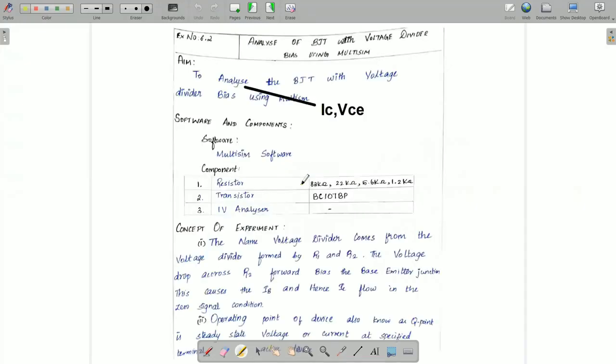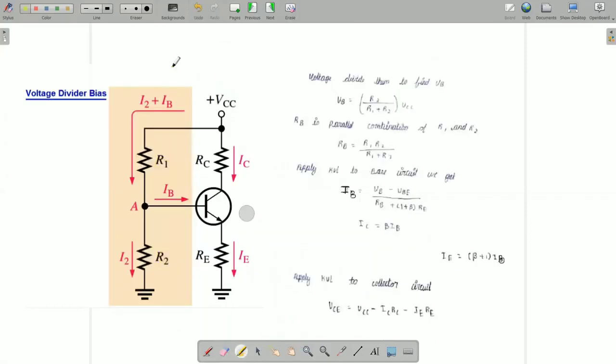Let's move on to the voltage divider bias. Here also we are going to analyze, that is, find the Q point, IC and VCE. Let's move on to the concept. This is a circuit of voltage divider bias. The name comes from the voltage divider formed by R1 and R2.